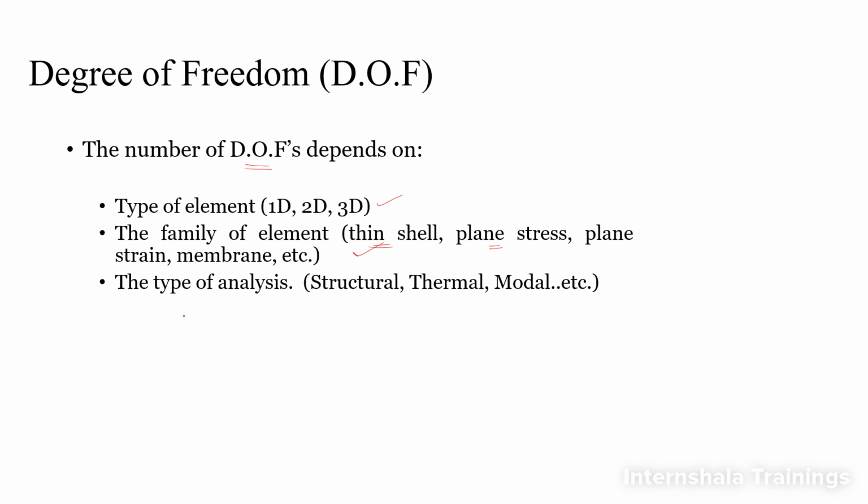Then it also depends on what kind of analysis that element is being applied for. So these are the three most important factors that determine how many degrees of freedom are there at each and every node, right? So first one is type of element, second one is the family of element to which it belongs to, and the third one is the type of analysis, right?